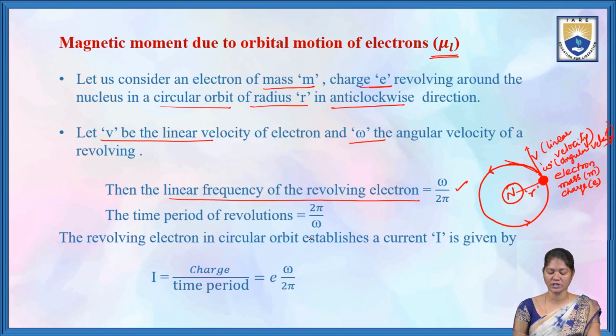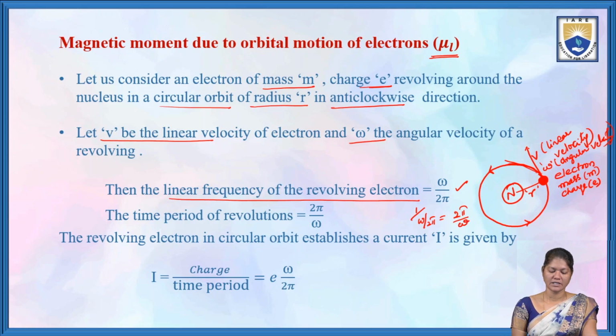The time period is equal to 1 by frequency, so the time period of revolution is 1 by (omega by 2 pi), that is, 2 pi by omega.